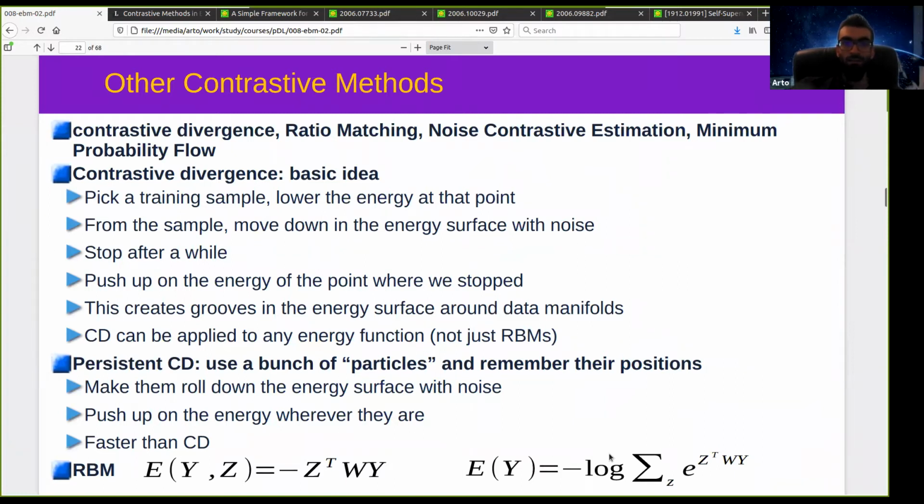All right, and there are other contrastive methods, and Jan mentions here the contrastive divergence and persistent contrastive divergence, which are used mostly to train RBMs, restricted Boltzmann machines. And for restricted Boltzmann machines, the energy may be given like this, right?